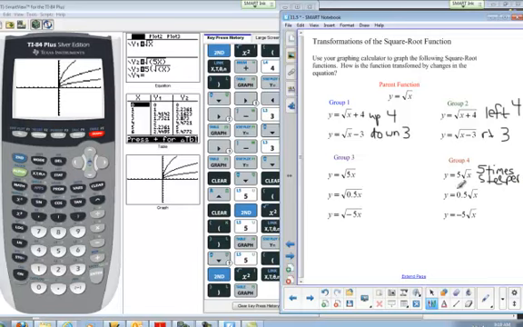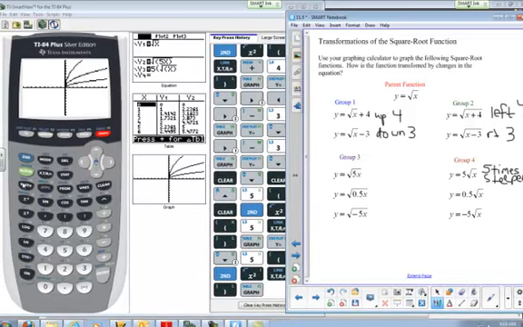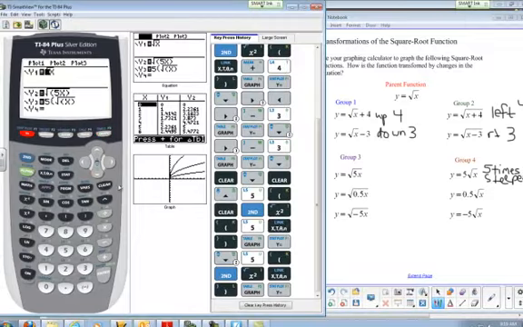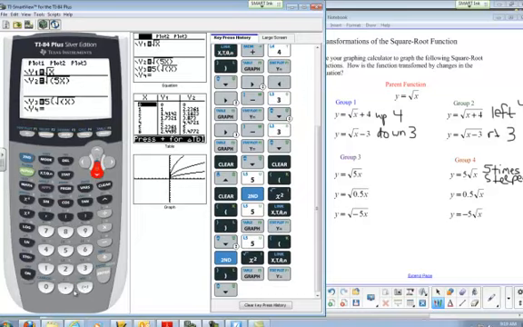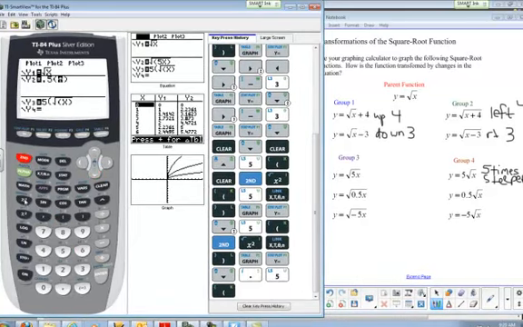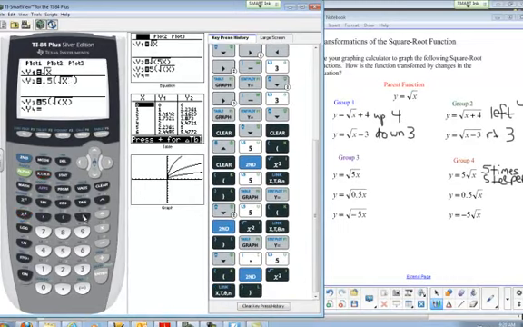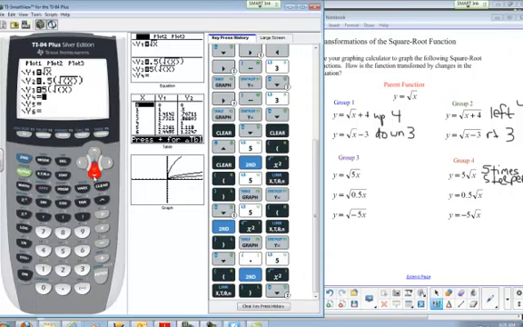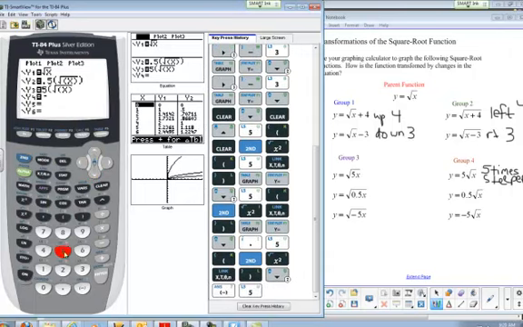Okay, let's continue on this group 4. We'll come back to group 3 in just a second. So let's go ahead and look at 0.5 times the square root of x. And while we're at it, we can put in the negative 5 times the square root of x also.